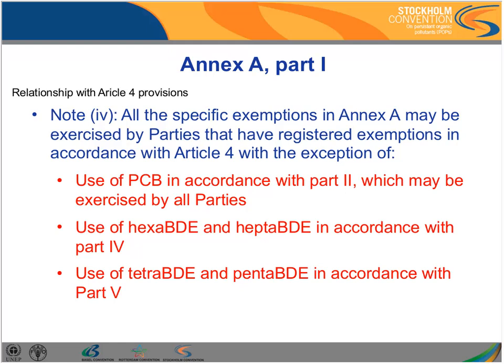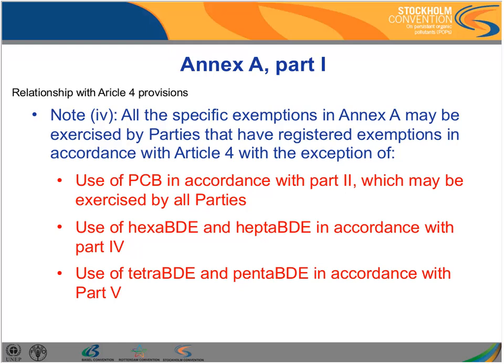The first exception is PCB, which is in accordance with Part 2 and may be exercised by all parties. So for PCB, there is no need to submit notification to the Secretariat, but all parties may exercise this exemption.